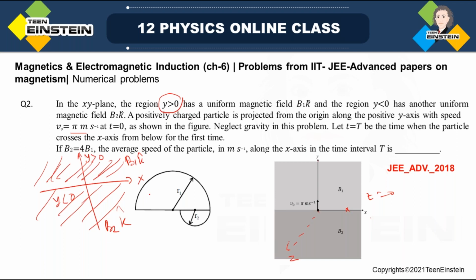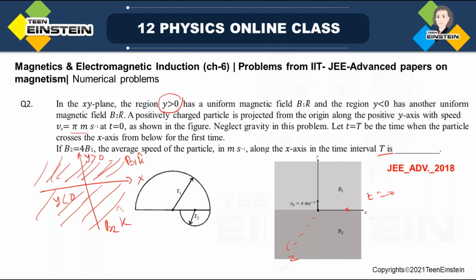Okay, for the first time, neglect the gravity in this problem. All right. So if B2 is equal to 4 B1, the average speed of the particle in meter per second along the x-axis will be how much in the time interval capital T?